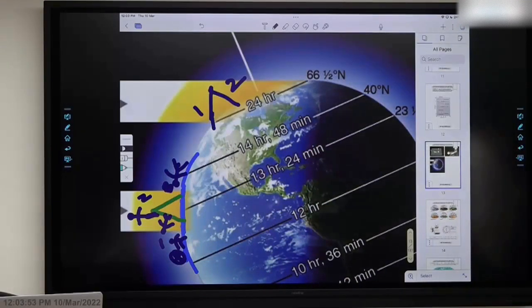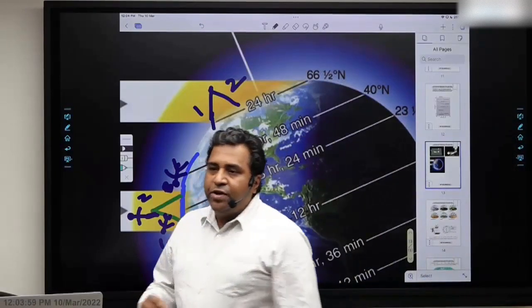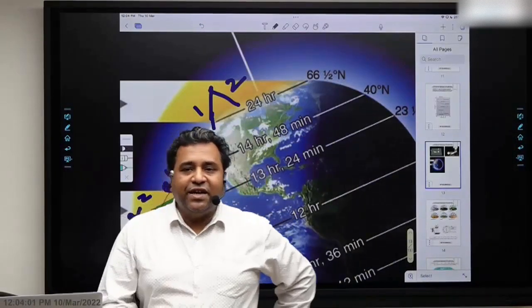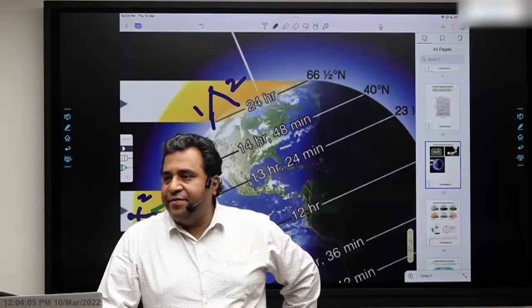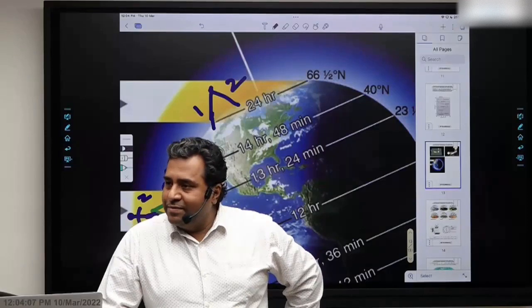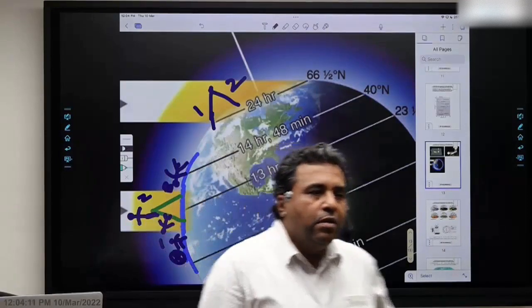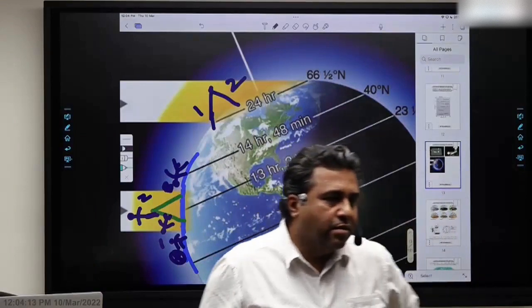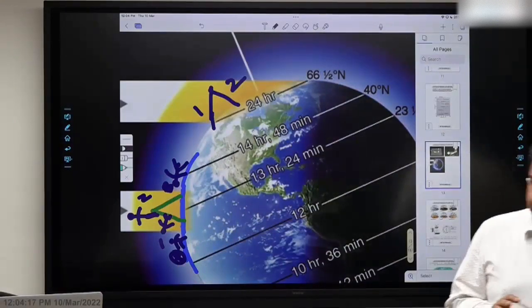Now second, aspect effect. What is the aspect effect? In the mountains also, we might have a sunny side and the shadow side. This is aspect effect. यही लिखना है. ठीक है?